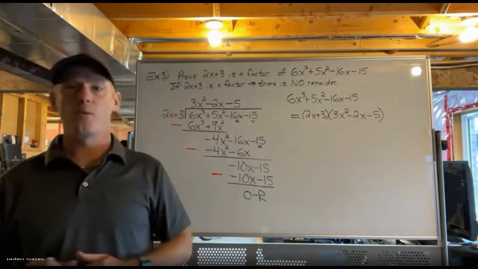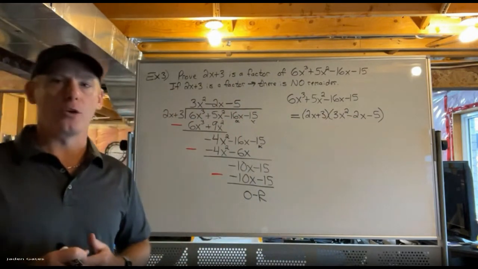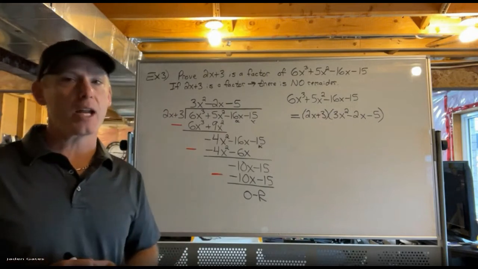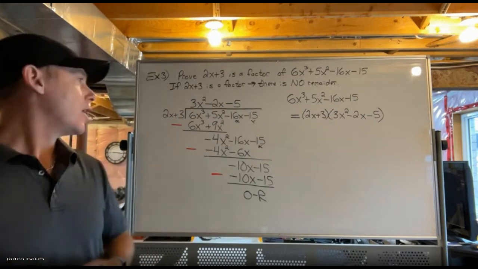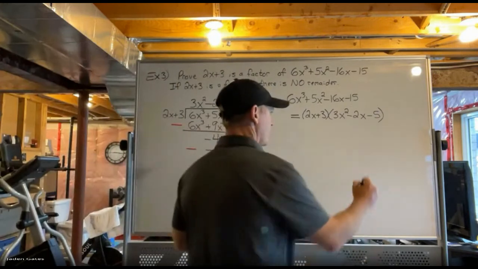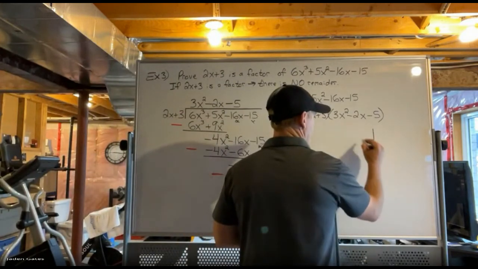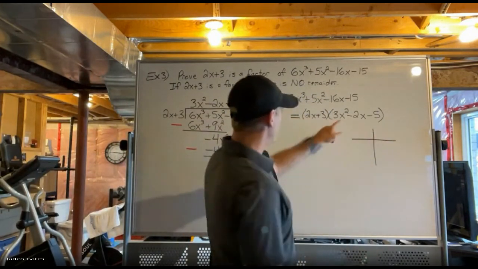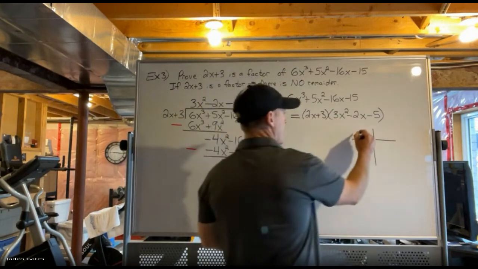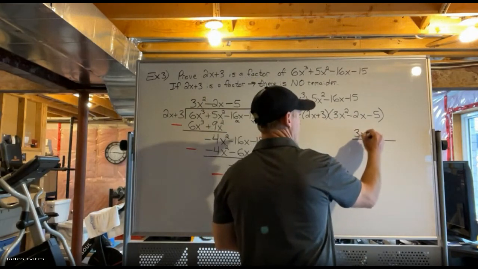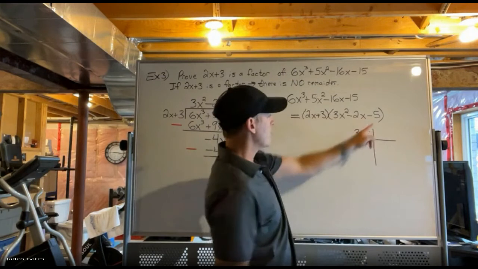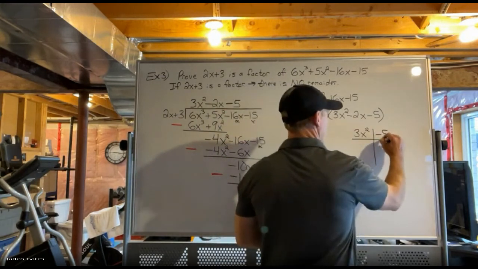Now, this is something where some of you have probably learned one way of factoring quadratics. Some of you have learned the other. I like to do what's called the chart method, where I put the first term in the top left, 3x squared. I put the last term in the top right here.